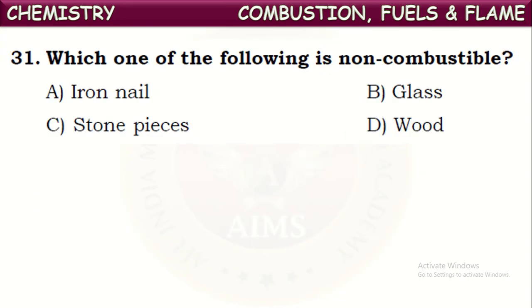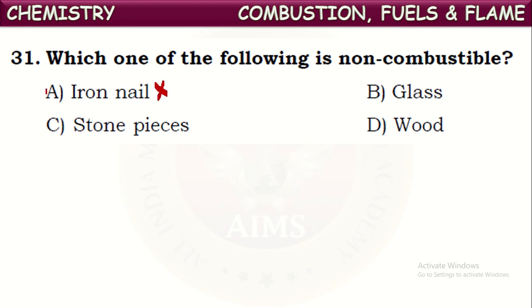which one of the following is non-combustible? Non-combustible means the substance which won't catch fire in the presence of air even after heating it is called non-combustible material. Find out the non-combustible material among the following. Iron nail. Can it burn? No, it won't.